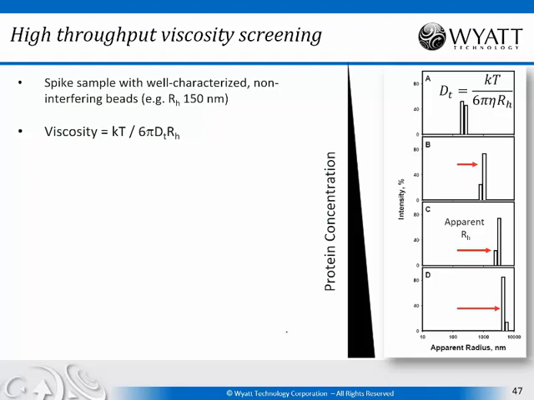If we know the size, which is RH here, and we measure the diffusion coefficient through dynamic light scattering, DT here, we can then extract the viscosity of the solution, and this is the viscosity of the protein solution. So we're ignoring light scattering from the protein. Actually, if this is done correctly, we don't see light scattering from the protein. It's overshadowed completely by the light scattering from the spiked-in probe particles. And we measure the effective diffusion coefficient of the probe particles, and that gives us, we back out, the viscosity of the solution.